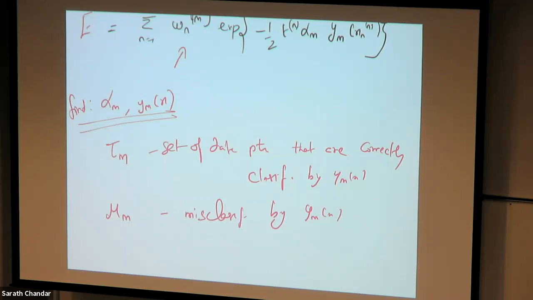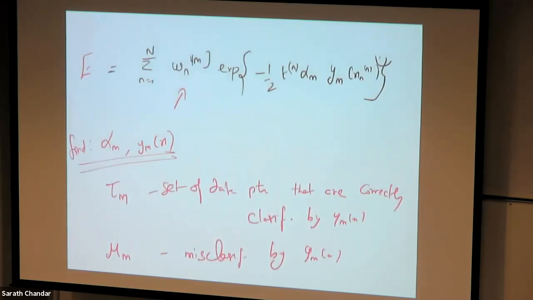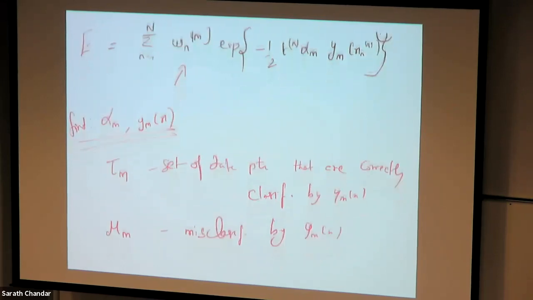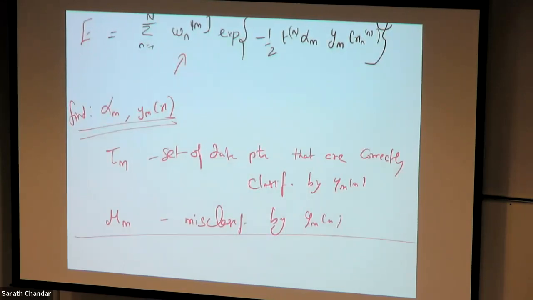If I split things that way, I can write this error function like this. Now, if a point is correctly classified, then t of n multiplied by y m is plus 1; if it is wrongly classified, it is minus 1. We are going to use that idea here.